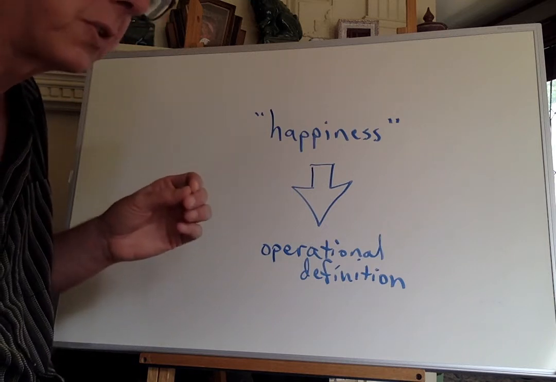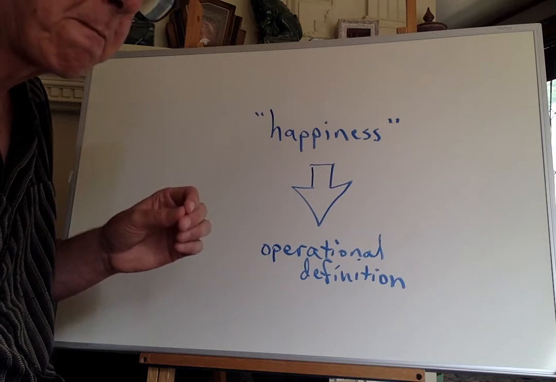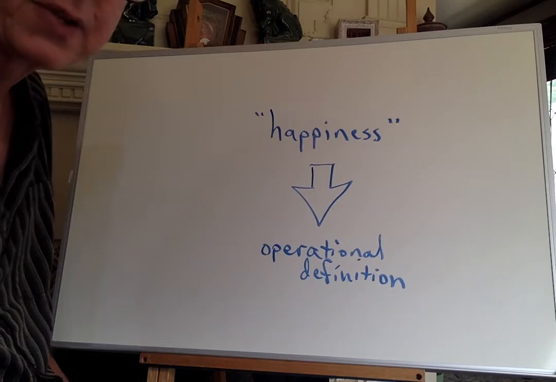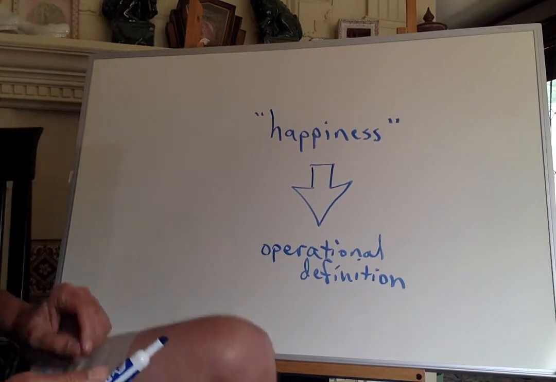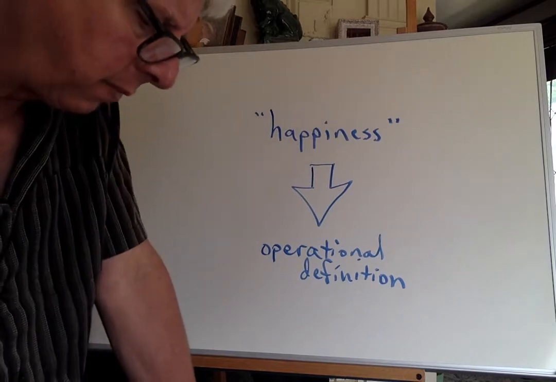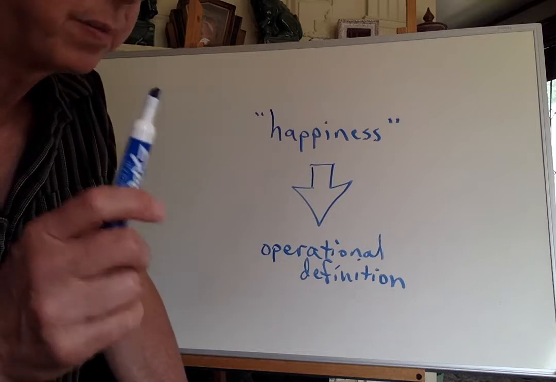We have some options. And let's take a moment and think about, well, can we measure happiness? Can happiness be measured? Now, sometimes what happens is students will say, well, you can't measure happiness. I'm like, well, be careful.